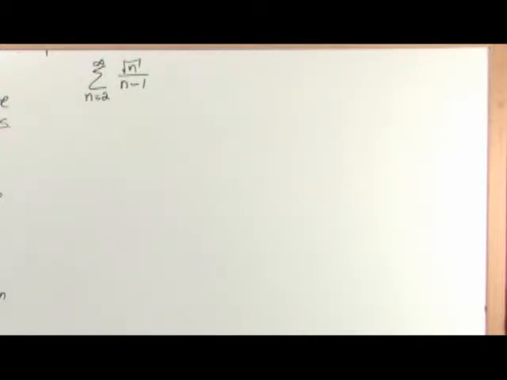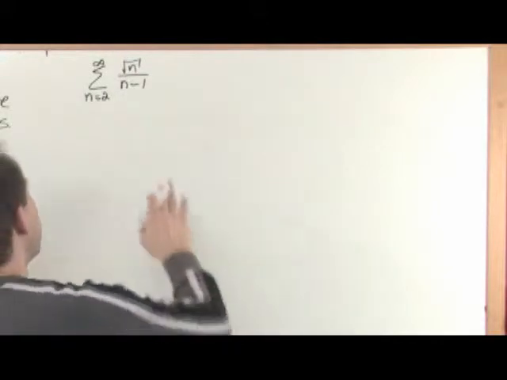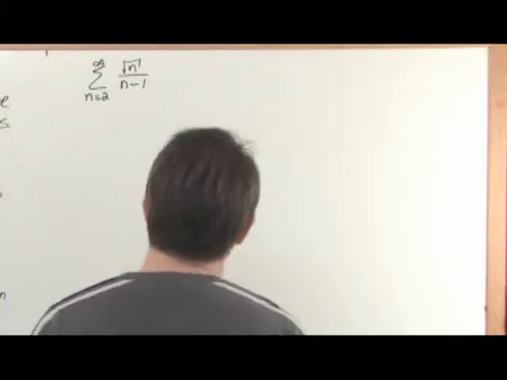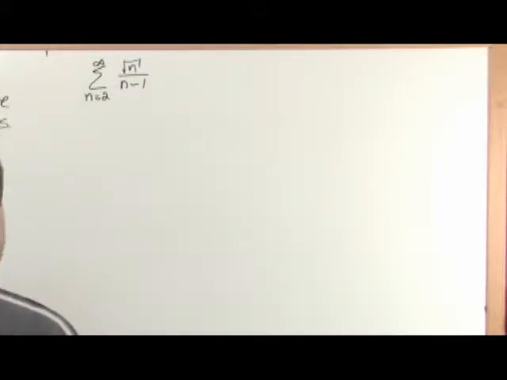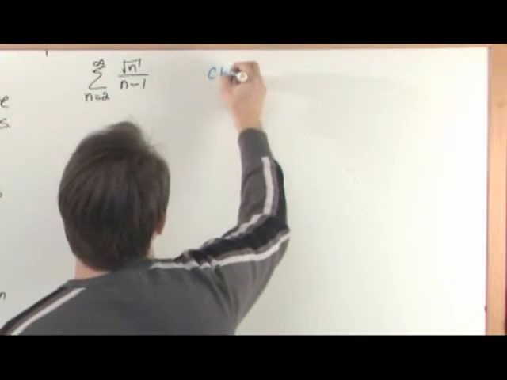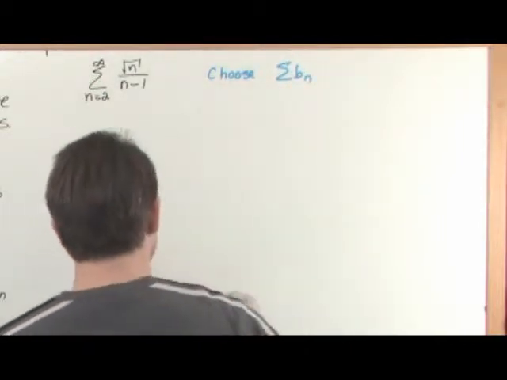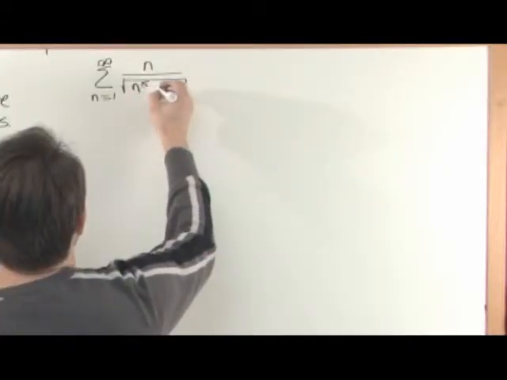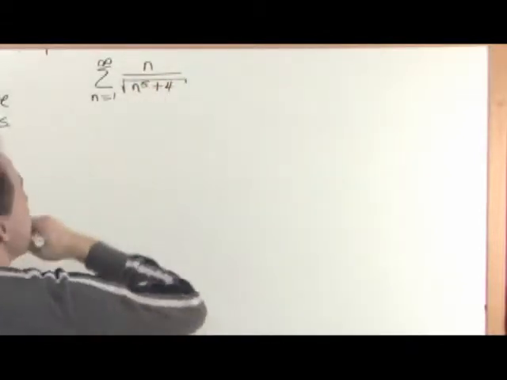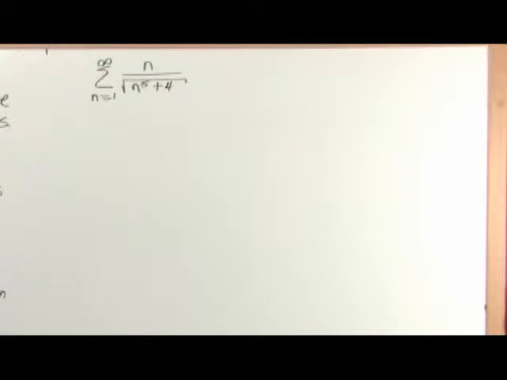So what we're going to do is try to choose a b sub n. This is a sub n, and we're going to try to choose b sub n because we want to find something to compare it to. My recommendation when you're using the limit comparison test is to choose b sub n by retaining the largest terms.